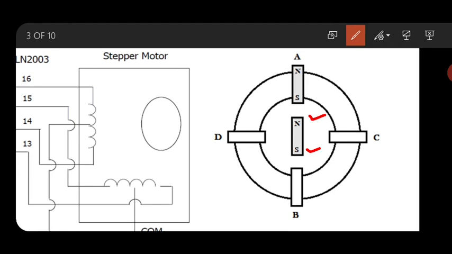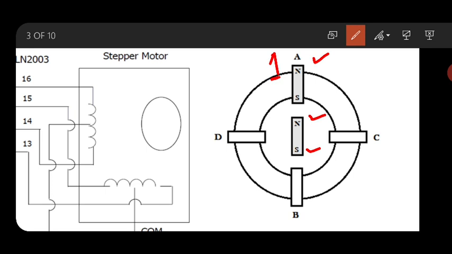Now if I apply a signal to one of them, the signal to A, then A will be energized and it will possess the magnetic property and become a magnet with two poles, a north pole and a south pole. They exist when they are energized, in the sense when I apply the signal to A.